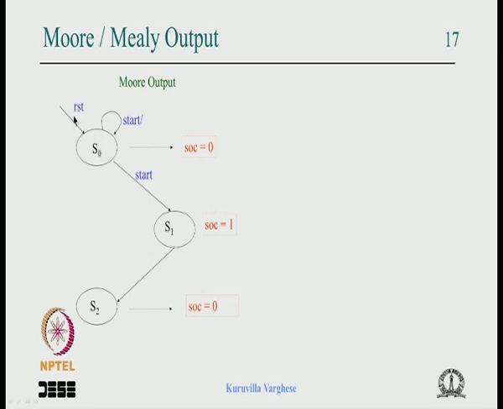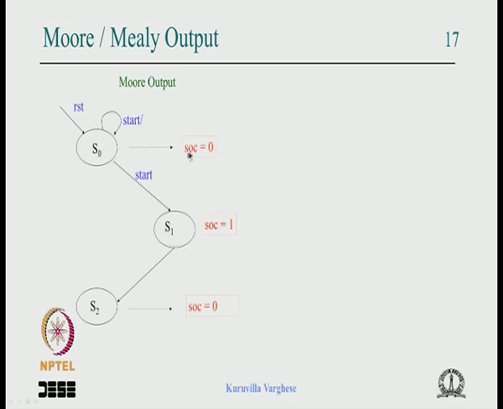When we discussed it, we said that at power on it comes to state 0, where it is waiting for the start from the host processor, and when start is low it remains there.